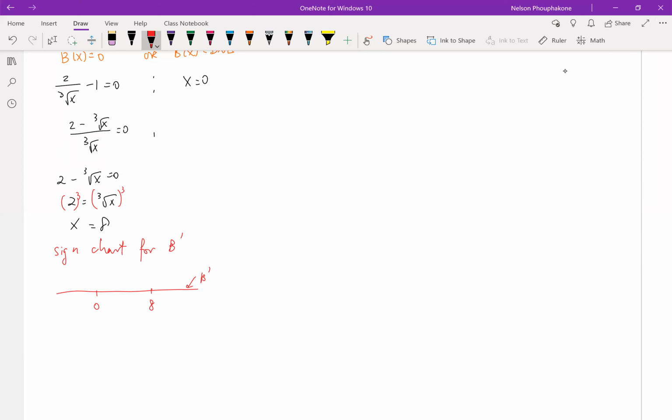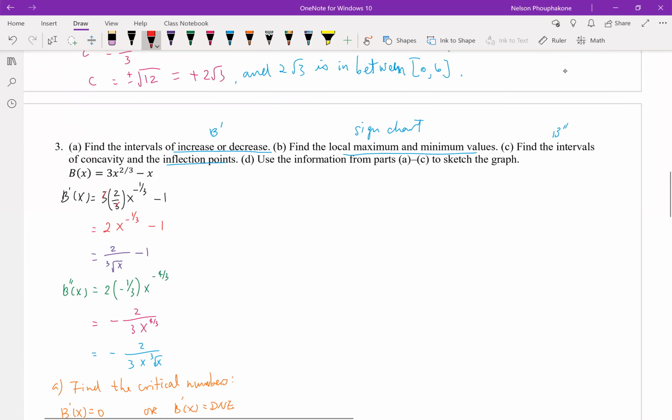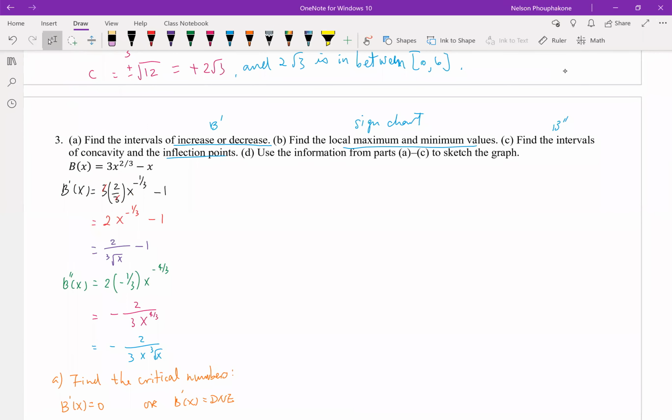Oh, by the way, I should start with this one. What is the domain of this function b? Because again, when we try to sketch the function, of course, we need to know the domain of the function. So one thing about this is we know that the domain of x is all real numbers. Then how about x to the power of 2/3?